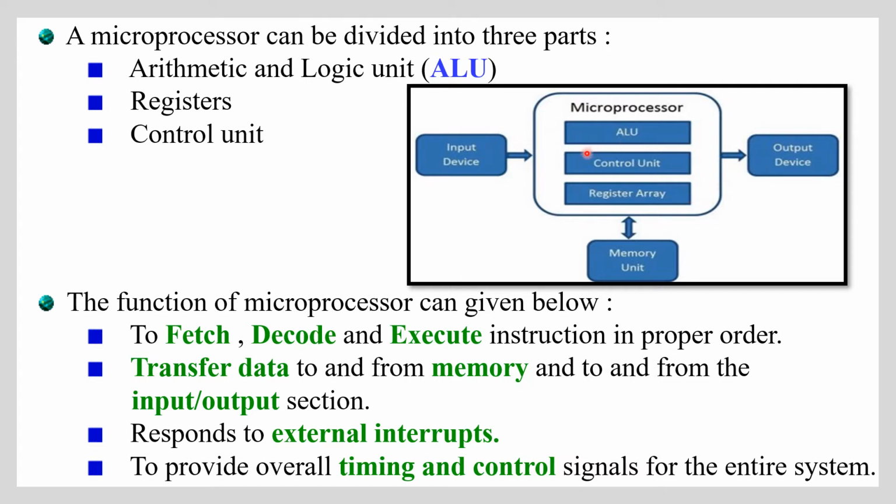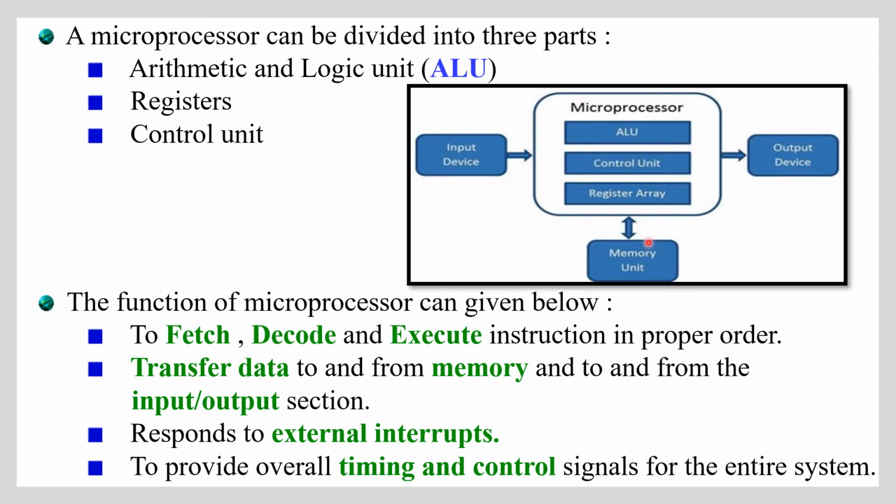The control unit provides the timing and control signals to the whole system. It controls the flow of data, that is from input where it should go, and the processed data, whether it is going to the output devices or it may be stored in the memory unit. So the control unit generates the signals accordingly, the data is taken and all the flow takes place.